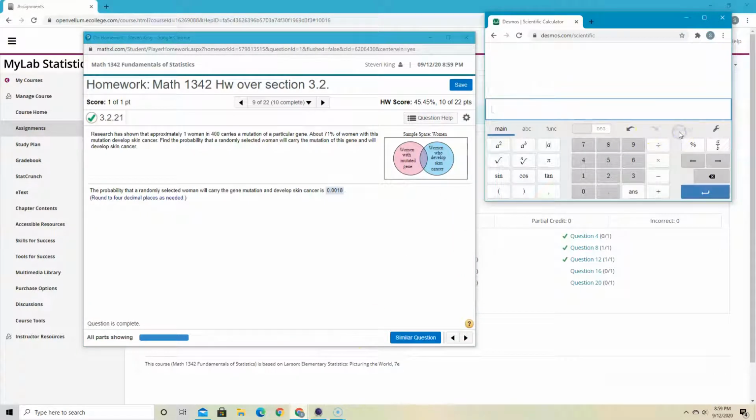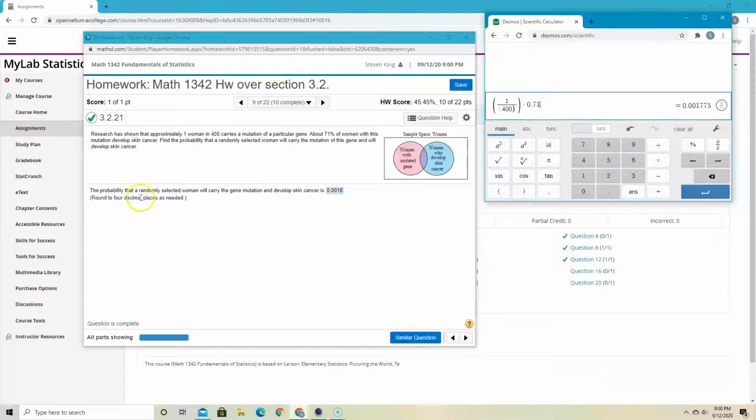We check. So we have the probability of the first event, 1 out of 400, times the probability of a woman developing skin cancer knowing that they have this gene, the 71%, 0.71. It's 0.0017 and so forth.